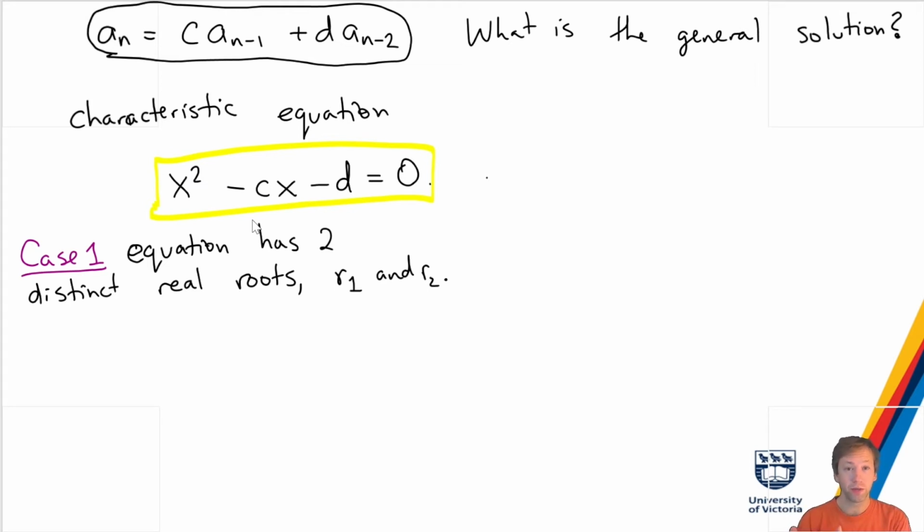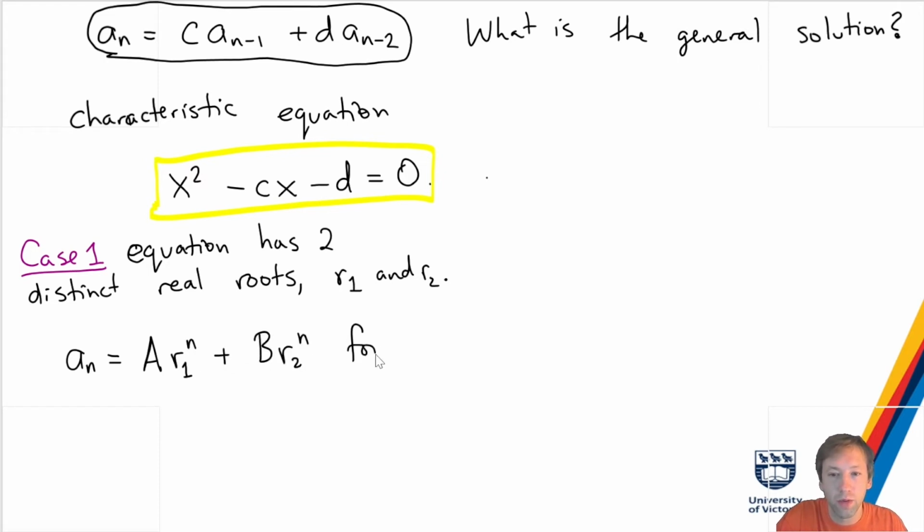What I suggest with these problems is you write down your characteristic equation, solve the quadratic, and look at the roots. If there are two real roots, it turns out, and we'll justify this later hopefully, that your general solution is a_n equals some constant A times R1 to the n, plus B times R2 to the n, for constants A and B in the reals.